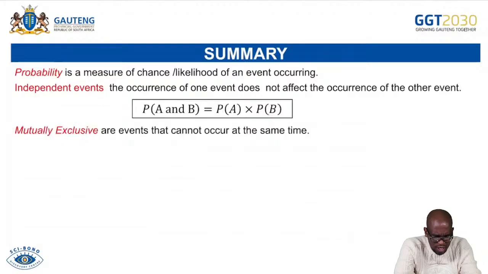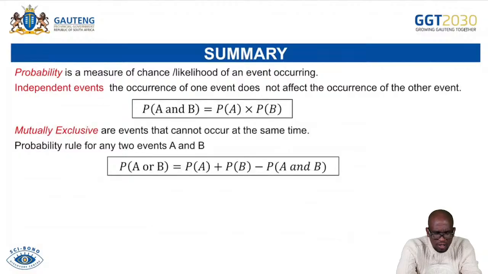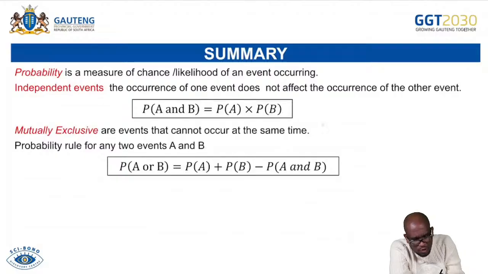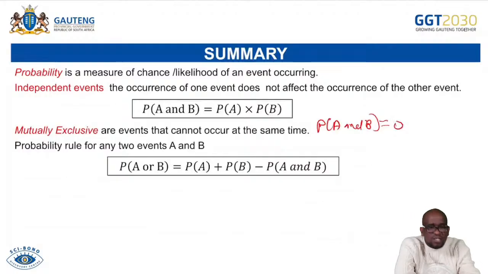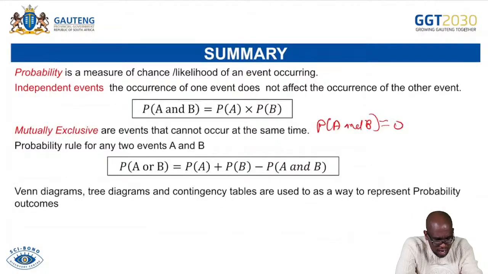We spoke of mutually exclusive events as events that do not occur at the same time, and we said we can use the general addition rule, but for mutually exclusive events, we know that the probability of A and B is equal to 0. So we can adapt the general addition law.